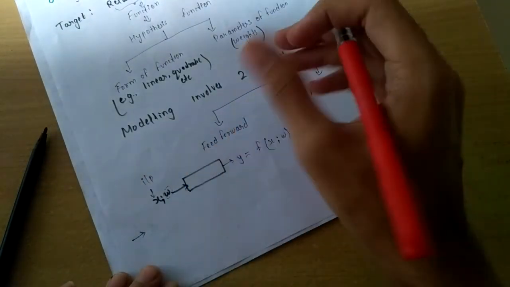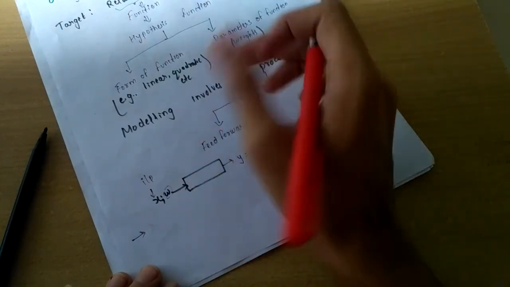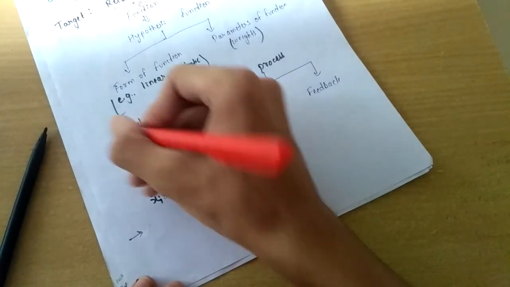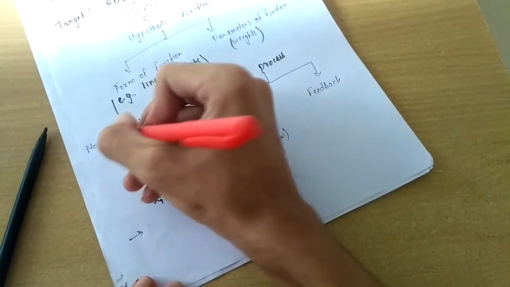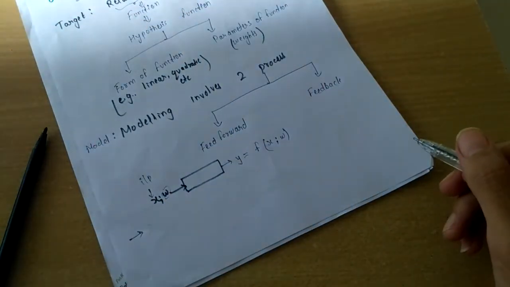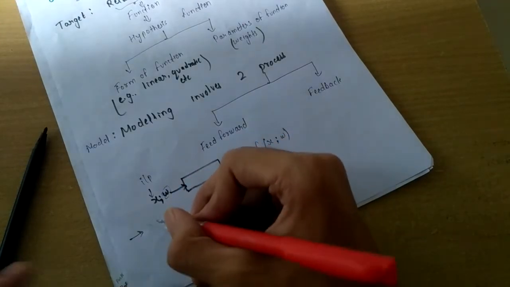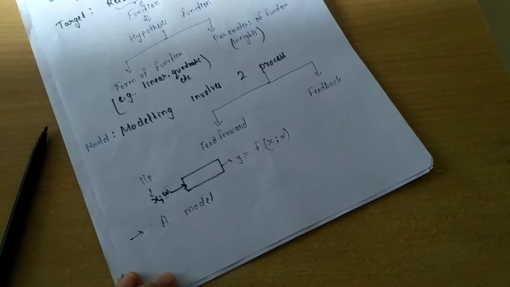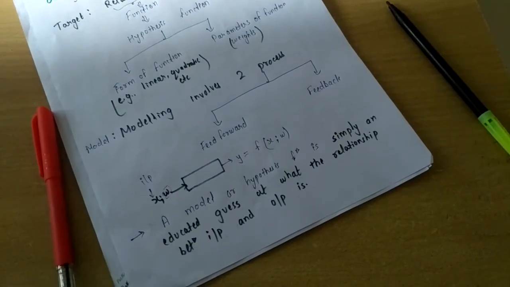Now some insights: what is this hypothesis or model? We call it a model, and the process involved is the modeling process. So what is that model? A model or function or hypothesis function is nothing but an educated guess.